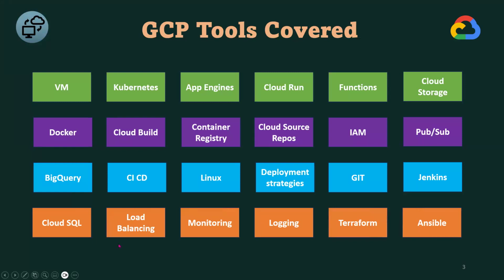Cloud SQL, load balancing, monitoring, logging, Terraform, and Ansible. So these are the tools related to GCP as well as DevOps. If you want to become a GCP DevOps engineer, all the tech stack I have mentioned here, we are going to cover all of these things.